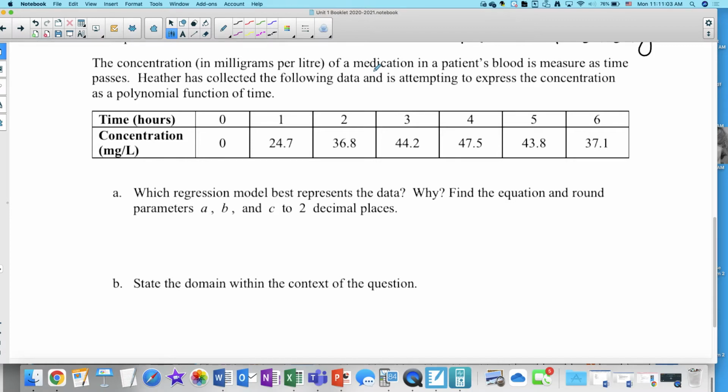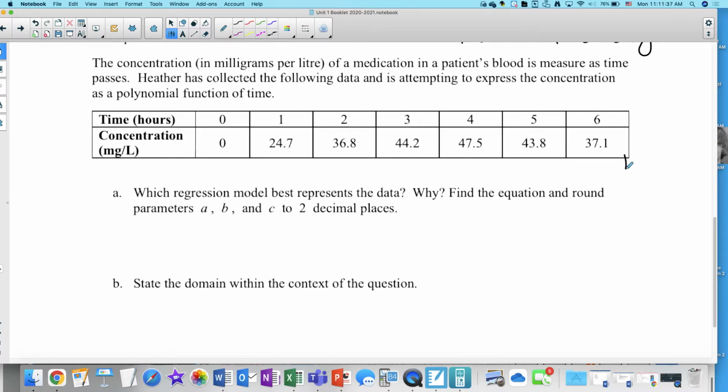So if you look at this data, you can see from 0 to 4 hours, the concentration is increasing. And then it starts to decrease. Okay, so think about this. Data's increasing, and then it decreases. What type of polynomial function do you think we should use to model this? Yeah, quadratic, exactly. It's a parabola, right?